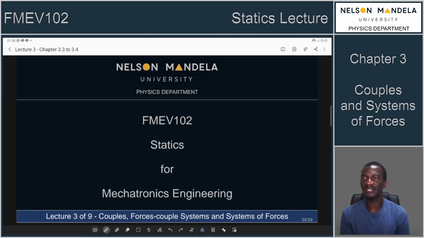But otherwise, we are done now with our basics of forces, equilibrium in 2D, 3D, forces and their moments about a point and an axis, and then force couple systems, wrenches, and replacing a system of forces with a force or a resultant force and a resultant couple.